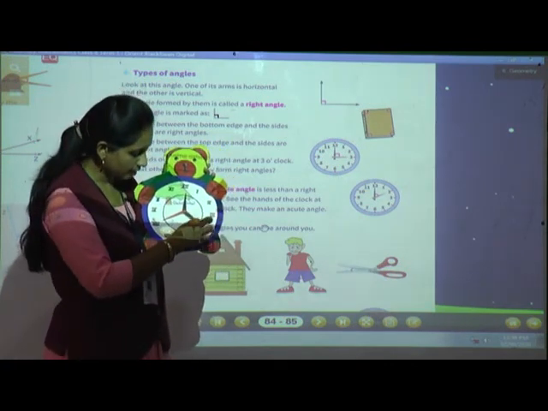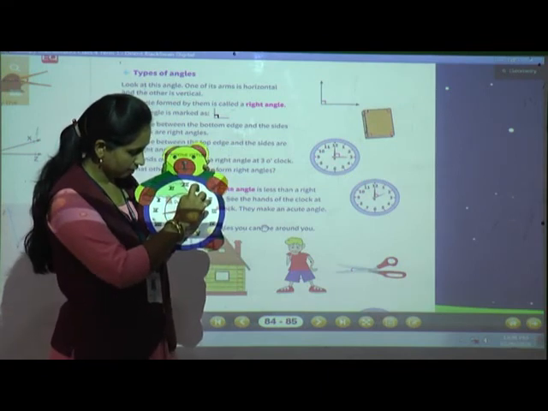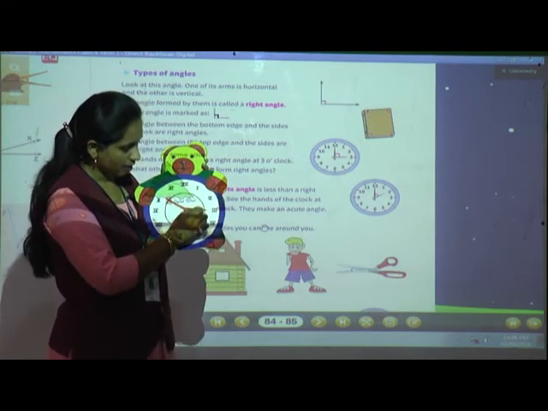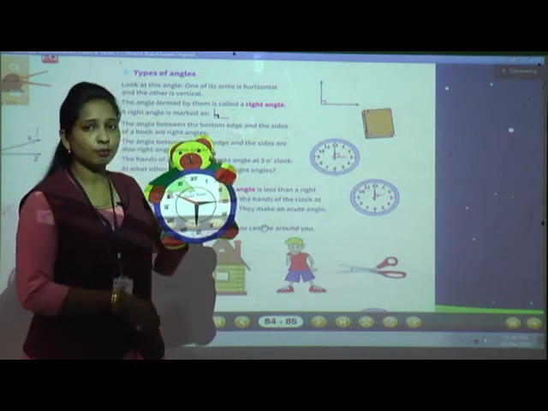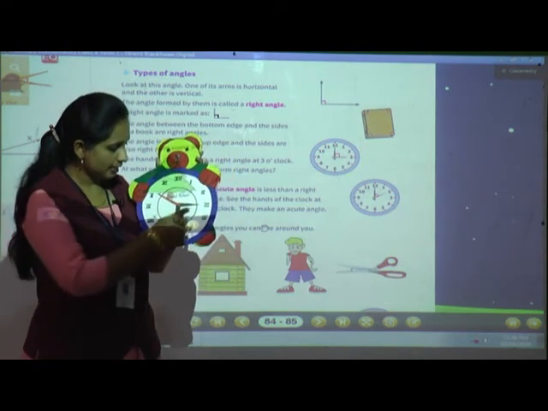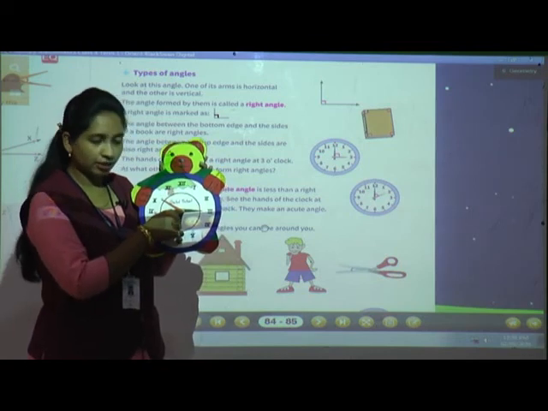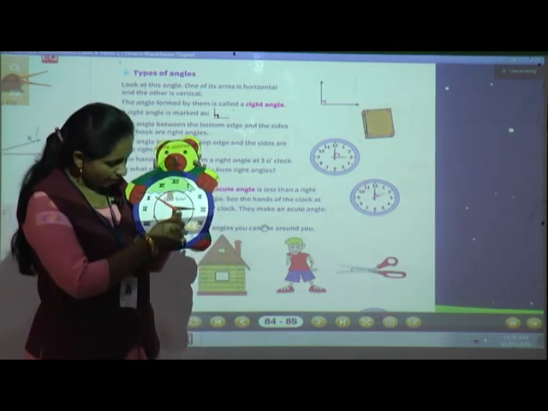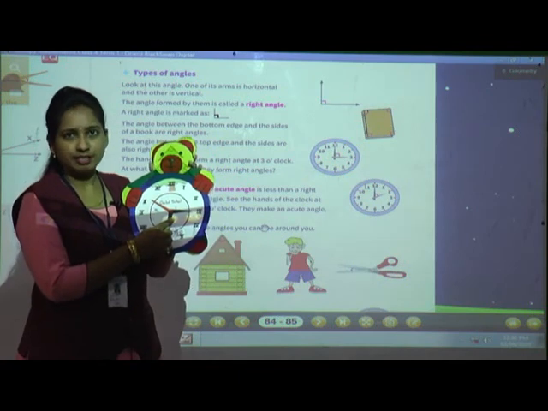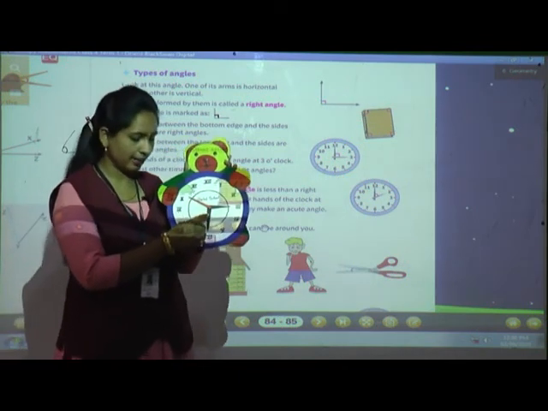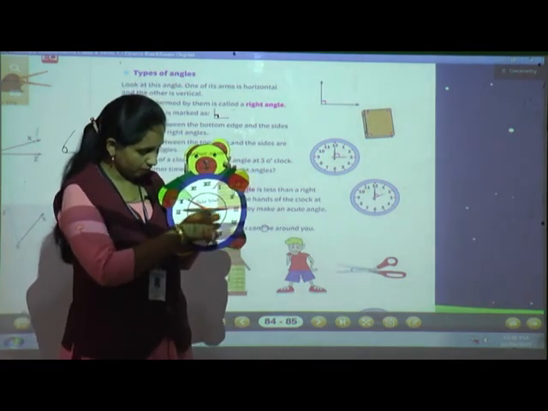And again, see here. Yes. What about this? Horizontal, vertical. Here one more angle will form. Isn't it? This is also a right angle. Again you observe.